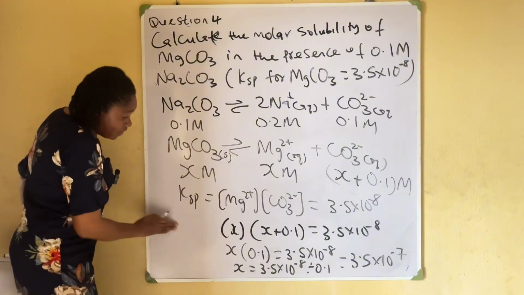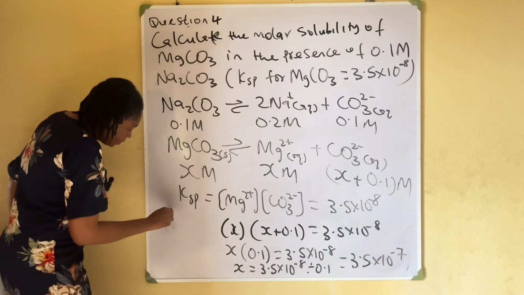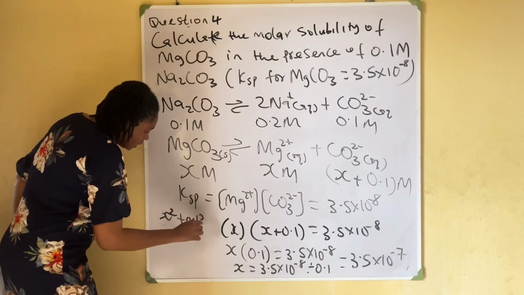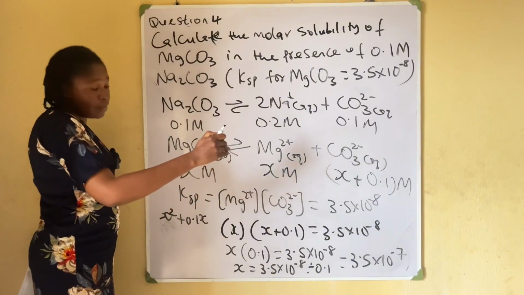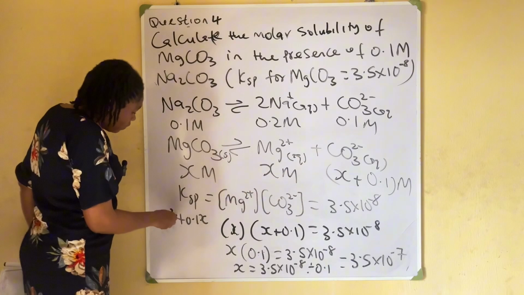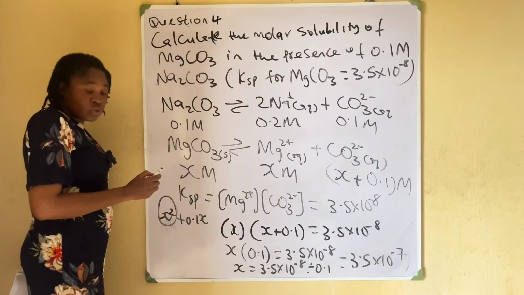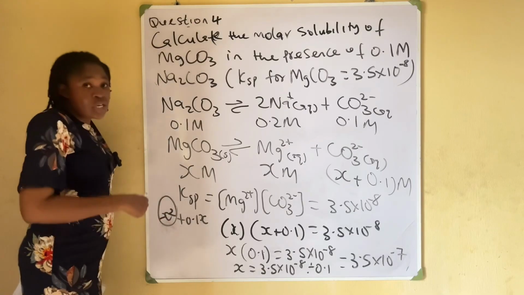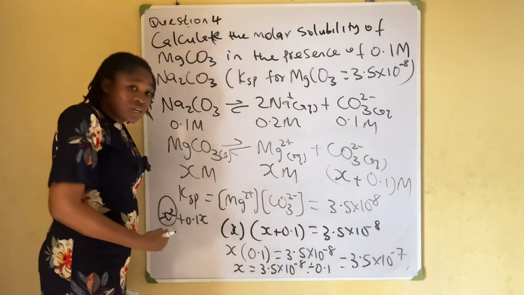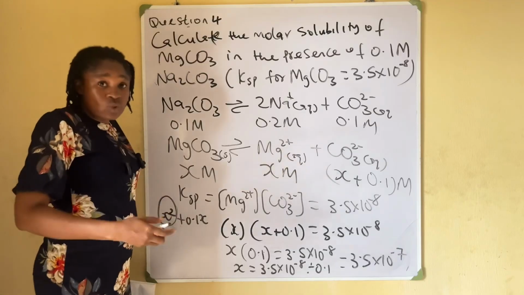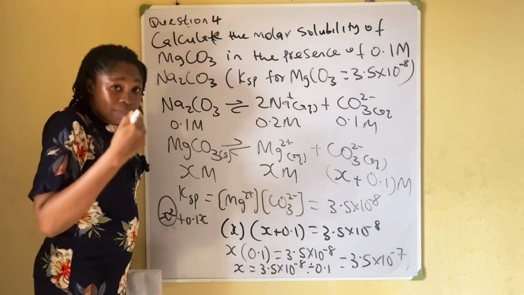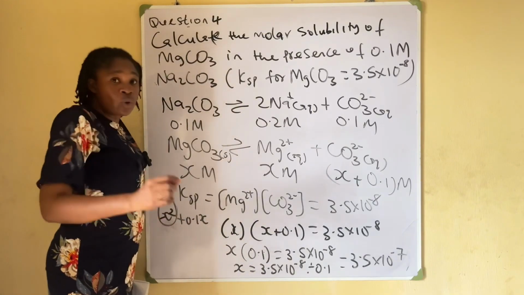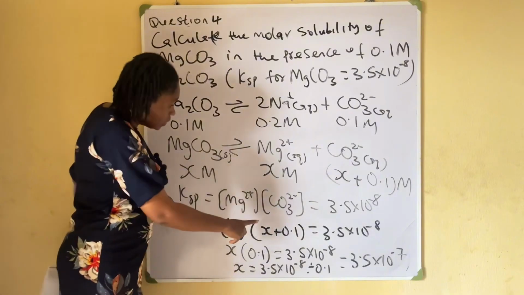Let me expand from here: S squared plus 0.1S equals 3.5 times 10 raised to the power minus 8. So this value is small compared to 0.1. So when you're working with 0.1S, you will still get the same value. If you use the quadratic equation, you will still get what? The same answer.